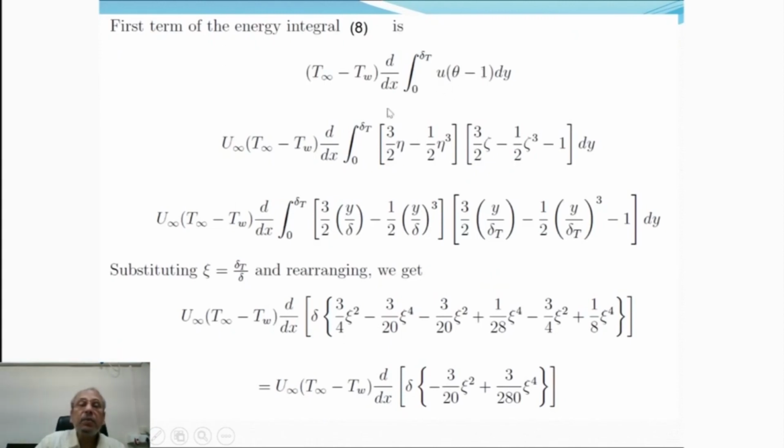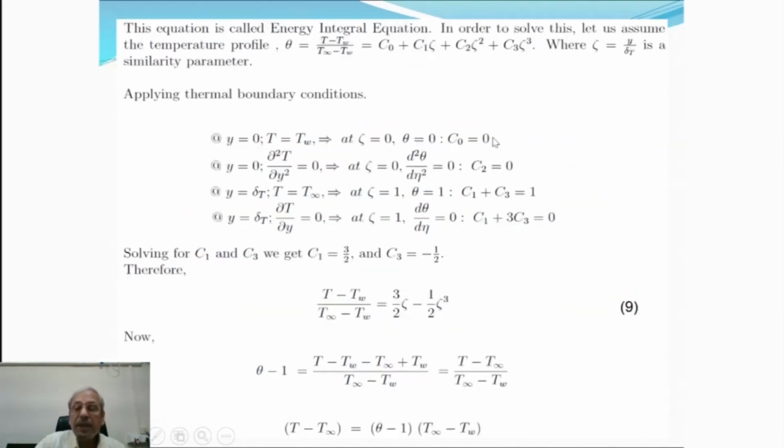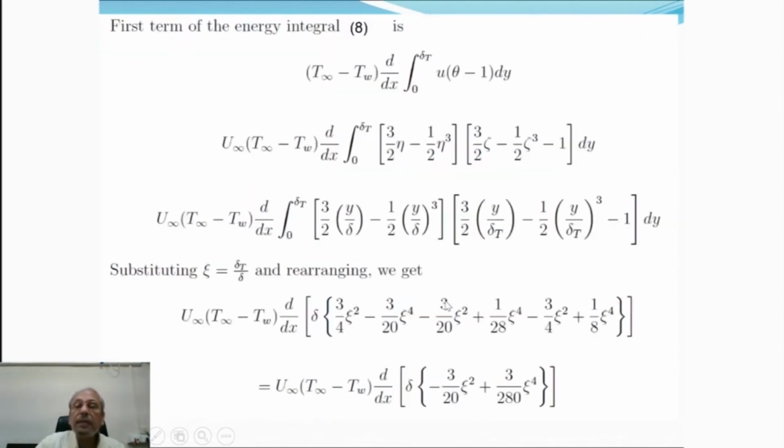And then we substitute U by U infinity, which is 3 by 2 eta minus half eta cube, and U infinity we bring here. And this is theta minus 1, and we have seen theta is given by this, so theta minus 1 means 3 by 2 xi minus half xi cube minus 1.